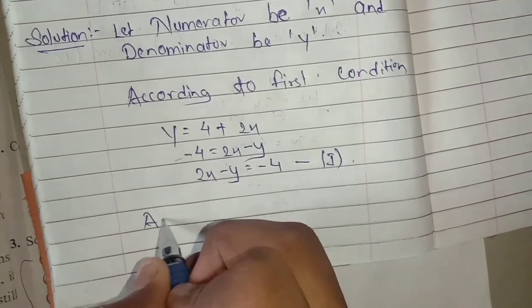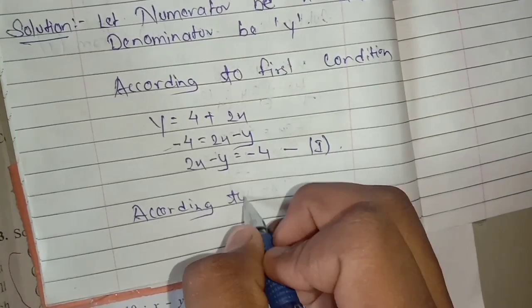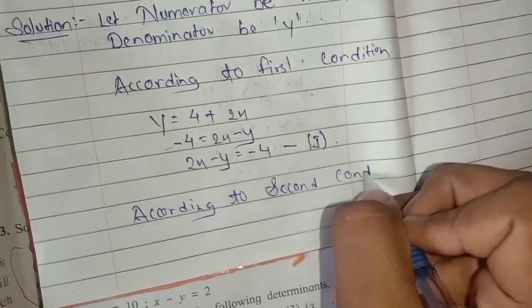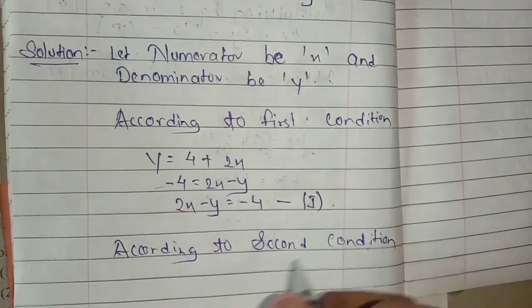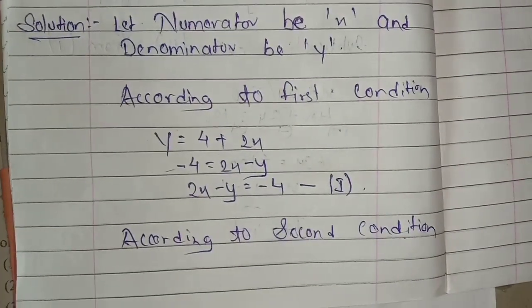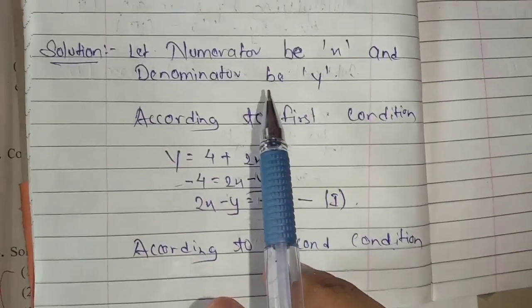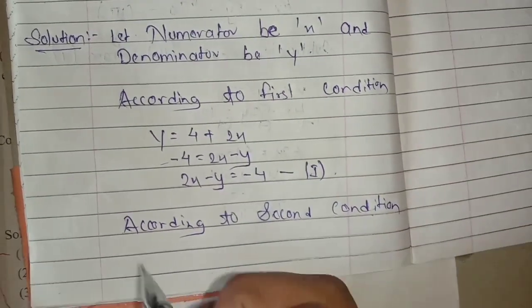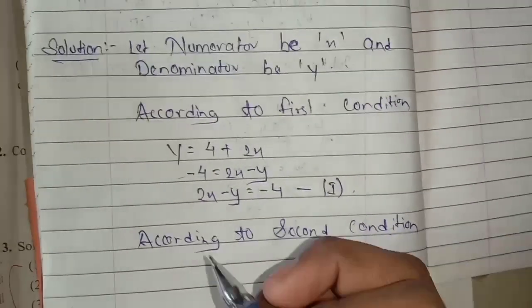According to the second condition, the denominator becomes 12 times the numerator when it is reduced by 6.